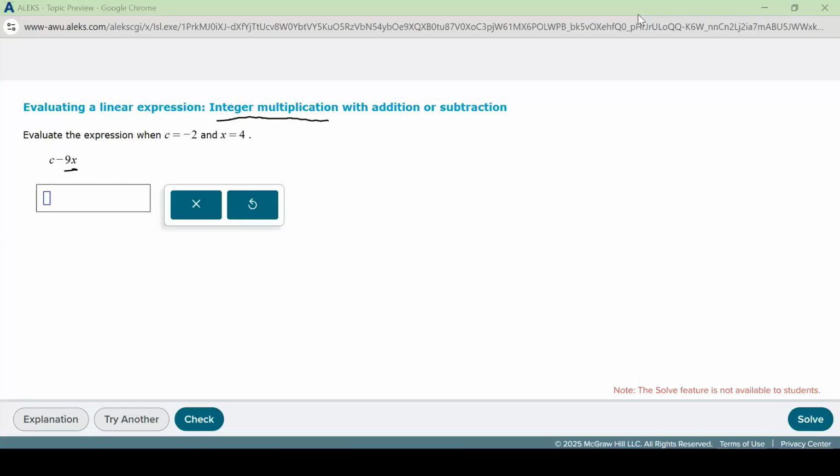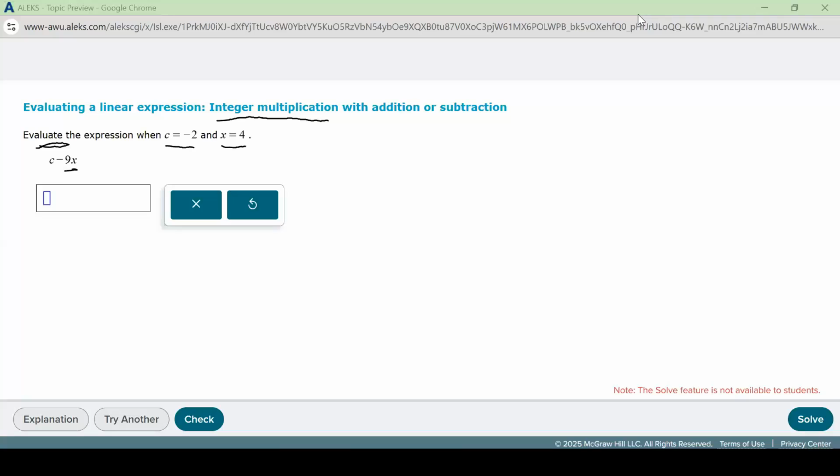So those are the clues about what you're doing. So to evaluate means to, in this case, substitute what they give you into the expression.